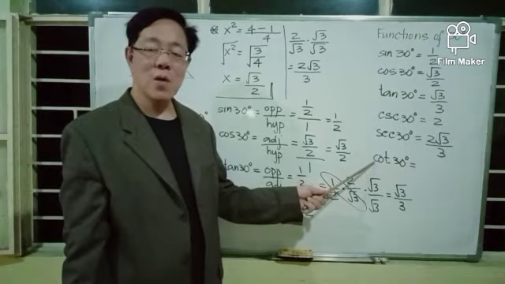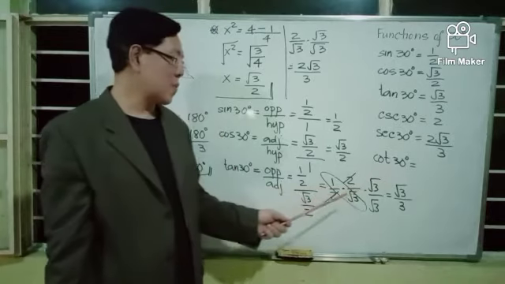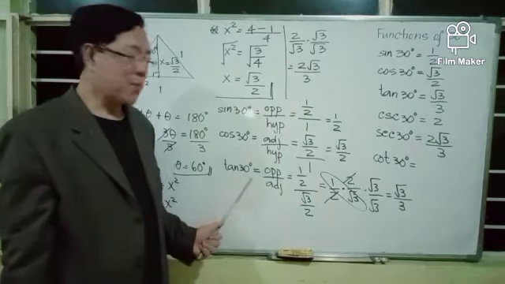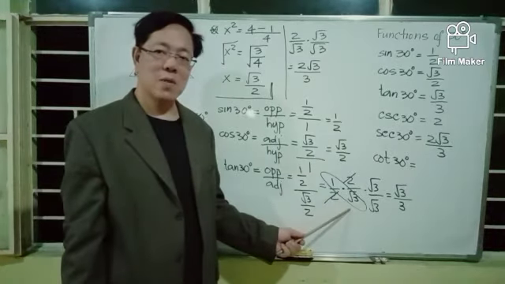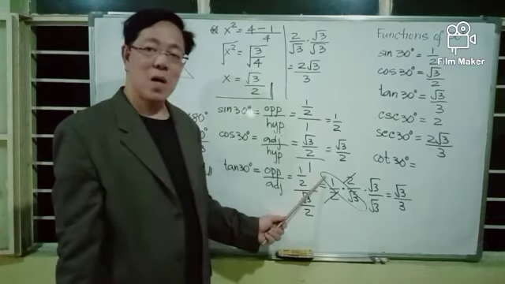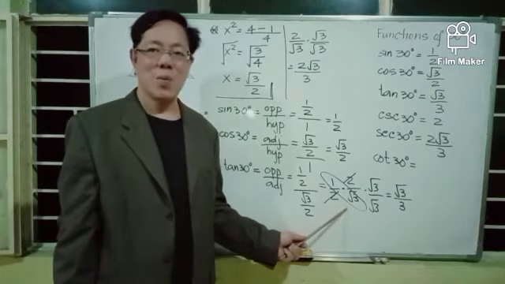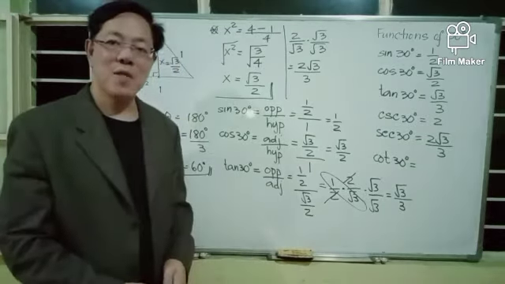So the value of cotangent of 30 degrees is the reciprocal of the tangent of 30 degrees, whose original value is 1 over square root of 3. We take the reciprocal, which is square root of 3 over 1, and square root of 3 divided by 1 is square root of 3.